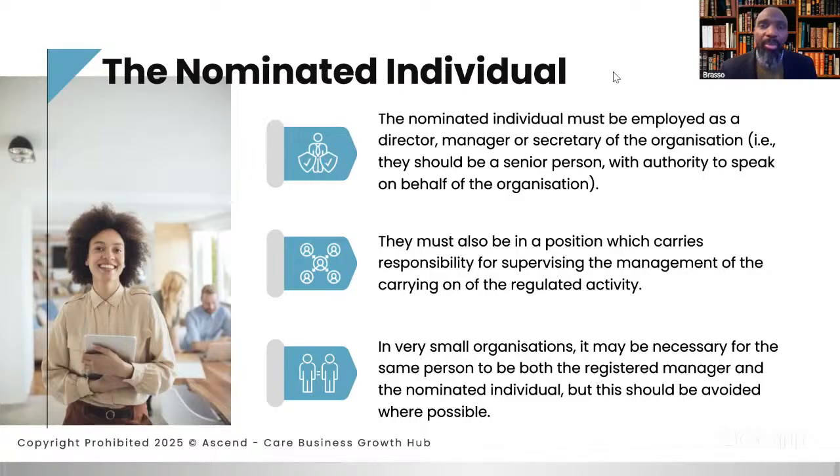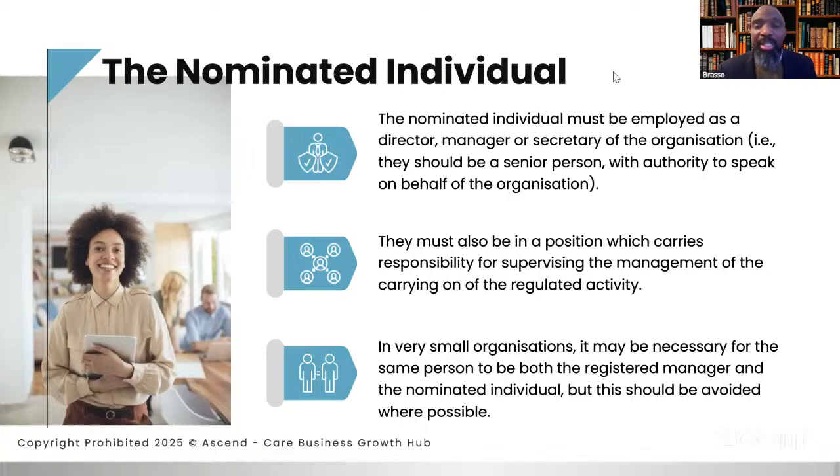Very, very key. So I think we can see that CQC directly or indirectly creates a hierarchy. So this individual is very, very senior. He's supervising the management. So there is somebody who's managing, and in this case, it's the registered manager. But the nominated individual is responsible for supervising.